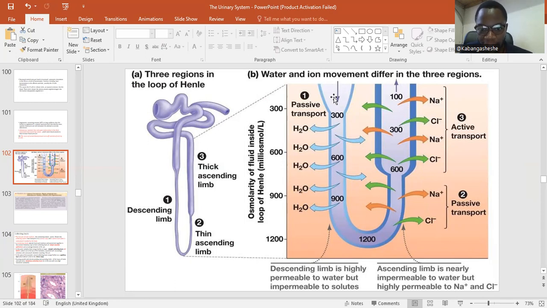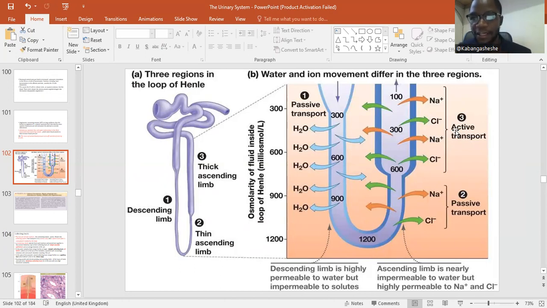So throughout, this is the proximal convoluted tubule. Then this is the loop of Henle, distal convoluted tubule. You can see that there's exchange of those molecules. In the thin limb, we have passive transportation, but in the thick limbs, thick ascending and thick descending, we have active transportation.